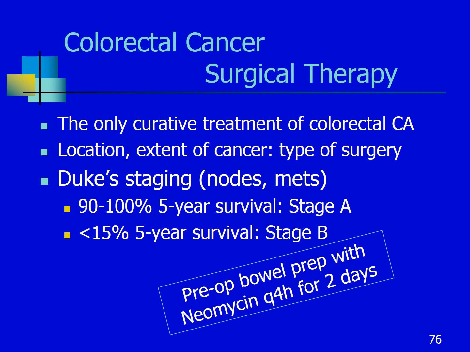Generally, if it's found in stage A, which means the lesion is still in the mucosa where it started off, you have a 90 to 100% 5-year survival rate, versus stage B, which is outside of that, with less than 15% 5-year survival rate.